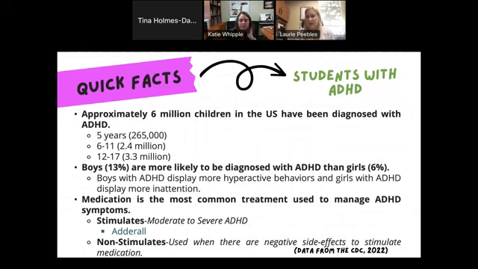So by the time we get into high school age, teens in high school, we are seeing 3.3 million. And some reason for this is due to the fact that ADHD presents differently in different genders. So for instance, boys are more likely to be diagnosed with ADHD than girls because boys will display more hyperactive behavior. So these are the behaviors that as teachers we see automatically.